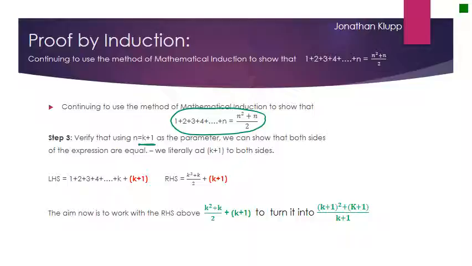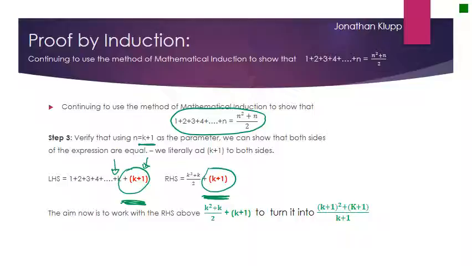No, we add to each side of the expression the value k plus 1. So on the left hand side, if we were counting 1, 2, 3, 4, we came up with 5, k plus 1 is 6. But we don't put those numbers in, we simply write, as we have written k in the series, we now add plus k plus 1. Having added it to the left hand side, we add the identical expression to the right hand side.